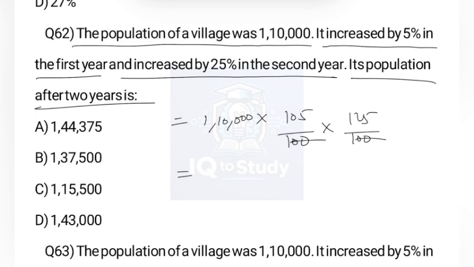That is equal to 11 into 105 into 125, and the answer is 1,44,375.